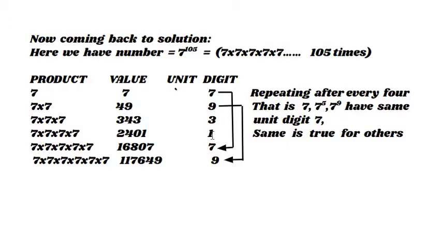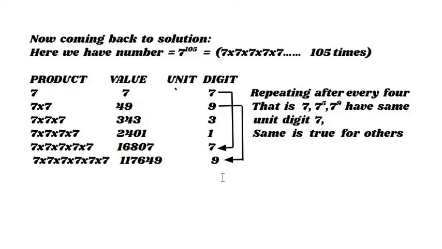For example, 7 raised to the power 5, 7 raised to the power 9, all will have the same unit digit, which is 7. The same is true for the others. For example, 7 raised to the power 2, 7 raised to the power 6, 7 raised to the power 10, 7 raised to the power 14, etc.